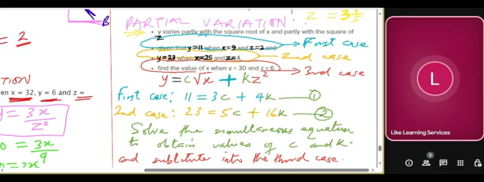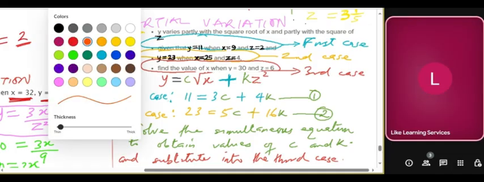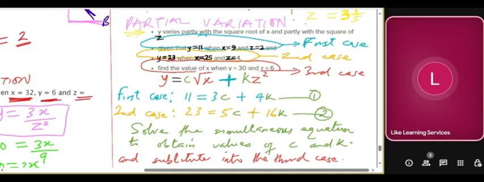Look at the way I wrote it here. It's not difficult. y varies with the square root of x, right? And of course it's plus. First of all, partly with the square root of x and partly with the square of z. That's what you're seeing here.